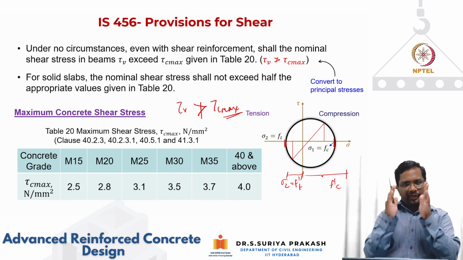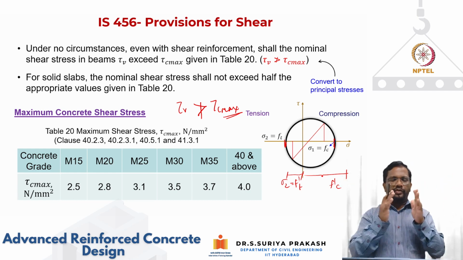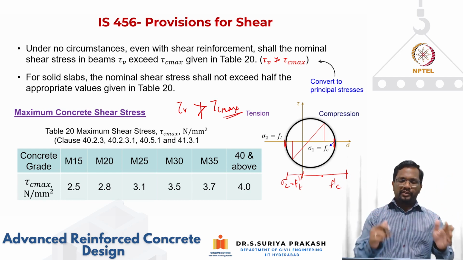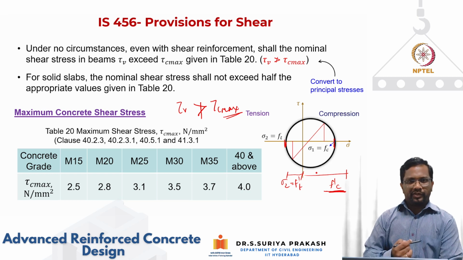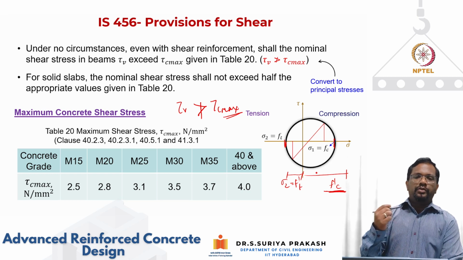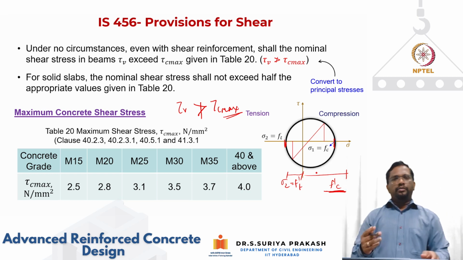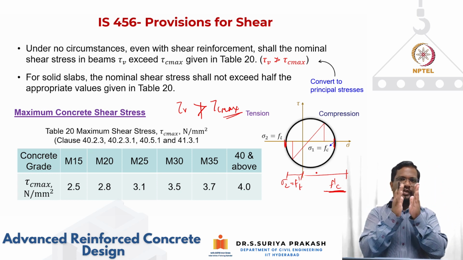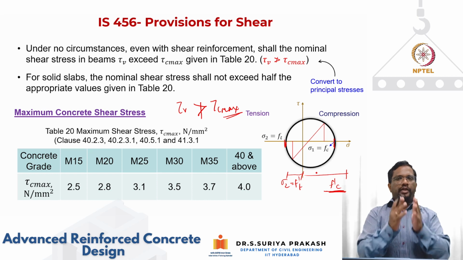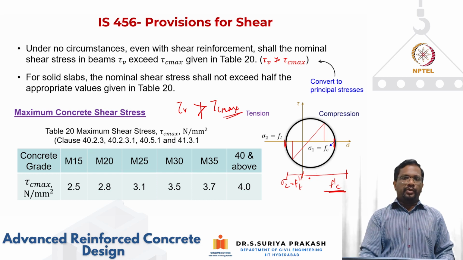If you are having a very thin member, and especially a pre-stress member with a lot of pre-stress, you may end up with a situation where the principal compression stress can reach the compressive strength of concrete and lead to crushing. Or, in other words, if your shear demand is very high and you are providing very little area, your principal compressive stress may reach the compressive strength of concrete and lead to crushing.